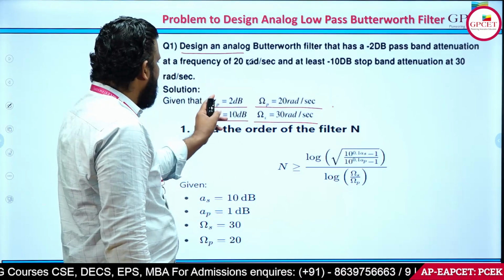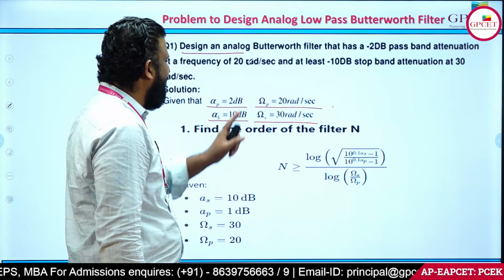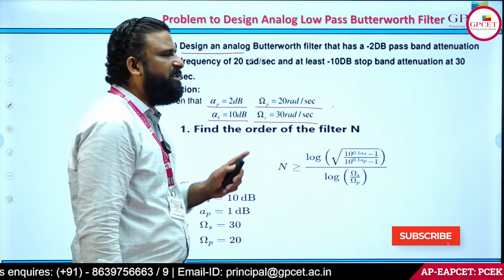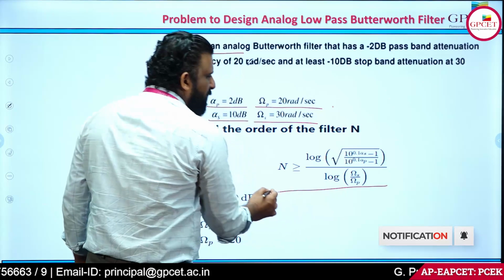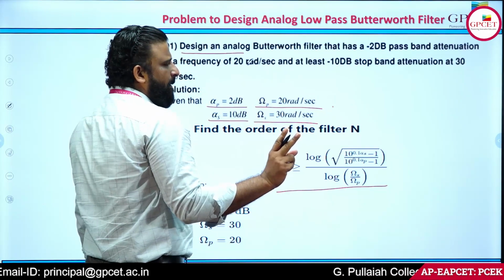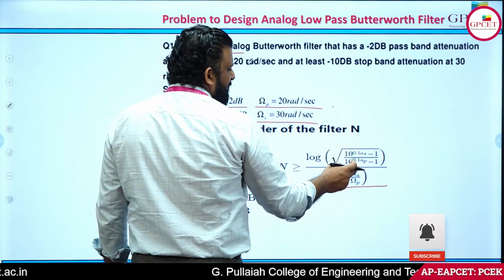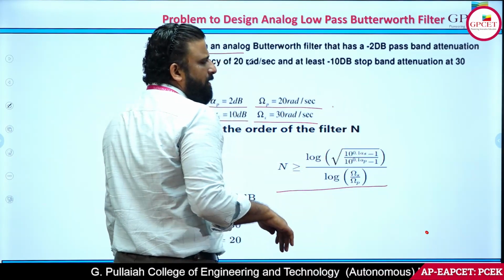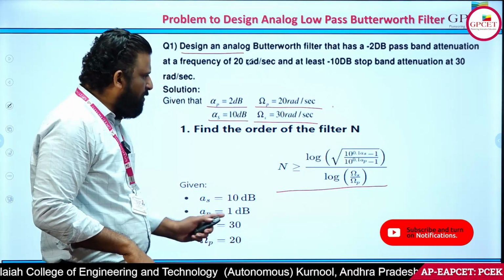So based on these specifications, alpha p, alpha s, omega p, omega s, which formula do I need to consider? I told you in the first step we got 2 formulas: one related to alpha s, alpha p, omega s, omega p, and another related to lambda and epsilon. Now I consider this particular one, and I also got all the values.